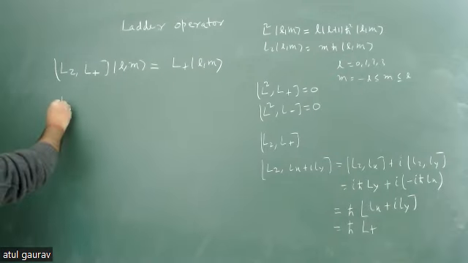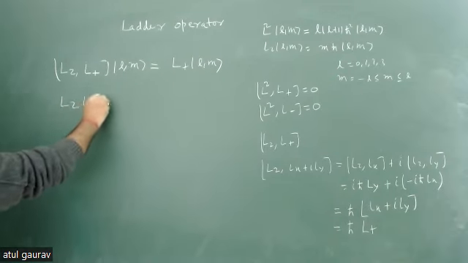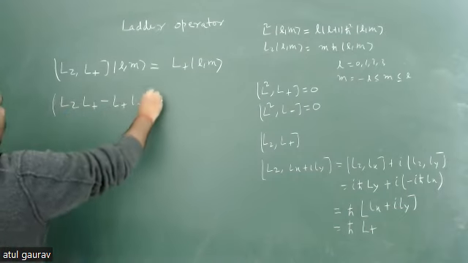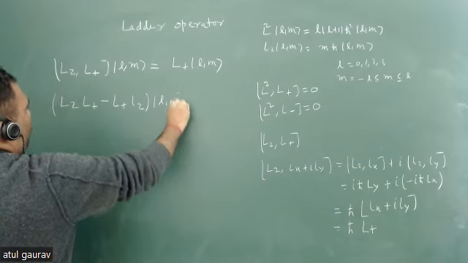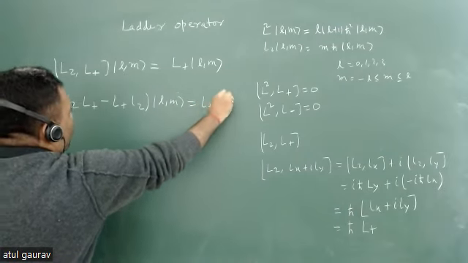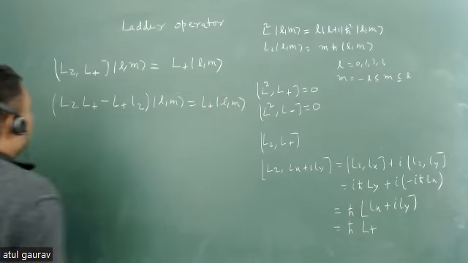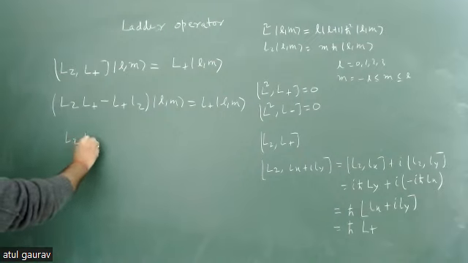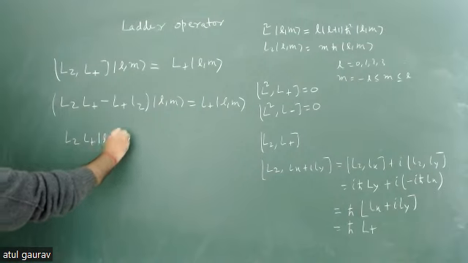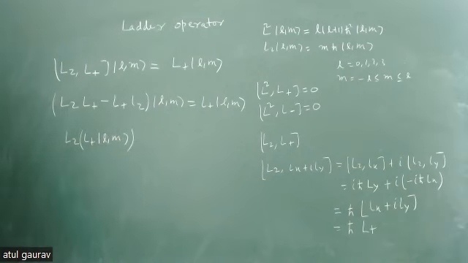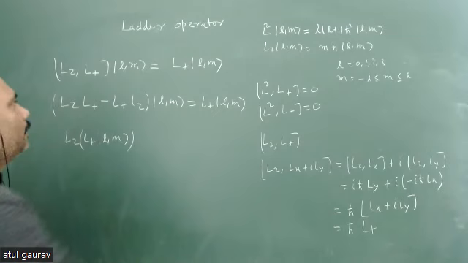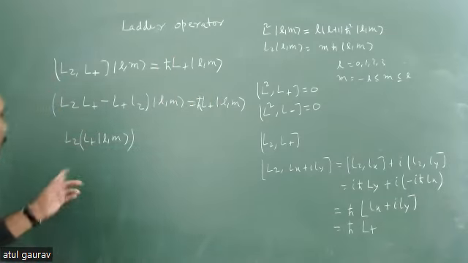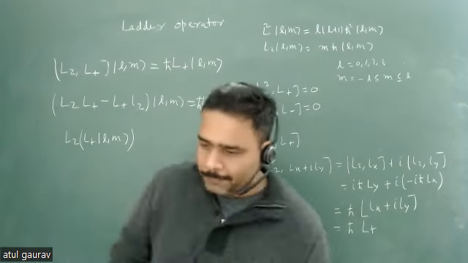Now I can write Lz L plus minus L plus Lz operating on |l m⟩. We have ħ L plus |l m⟩ on one side, and here we have Lz L plus |l m⟩. Do you remember something? Yes, ħ is also there. Very good. Do you remember doing such a calculation?